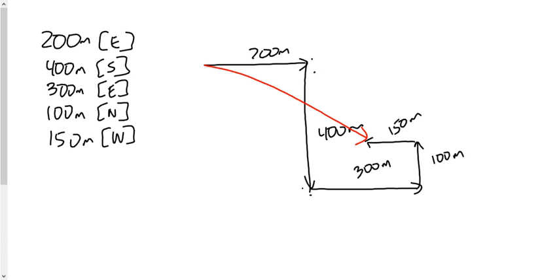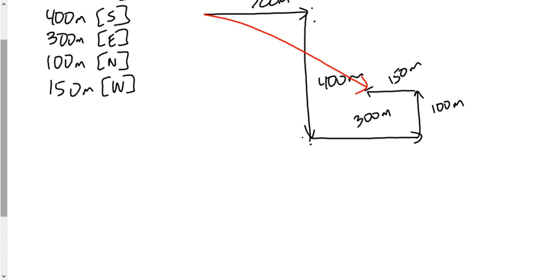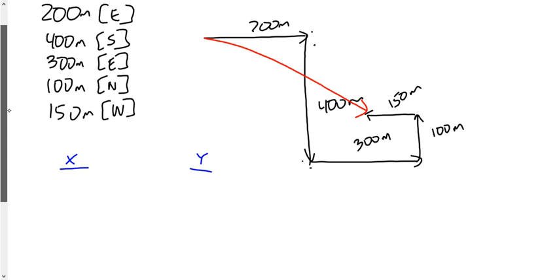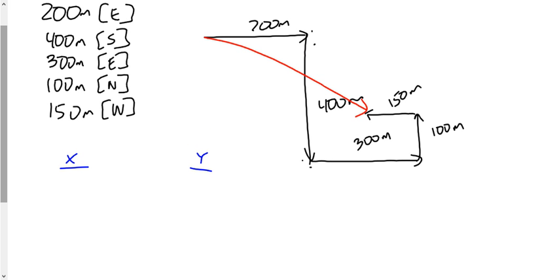So let's do our x and y's now. There's a lot of them here. What's the x component of the first one? How much of that 200 is x? 200. How much of it's y? 0. Second one, how much of that 400 is x? 0. How much of it's y? Negative 400. Good. 300. How much of it's x? 300.